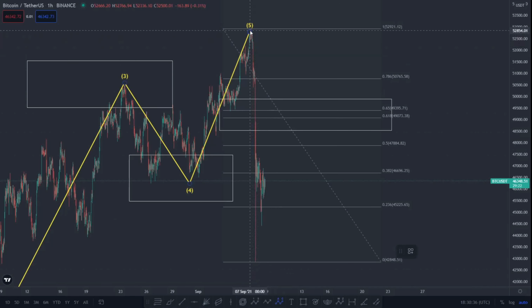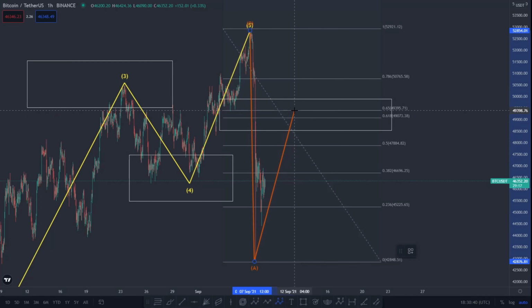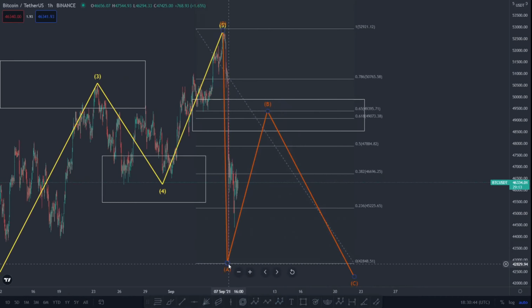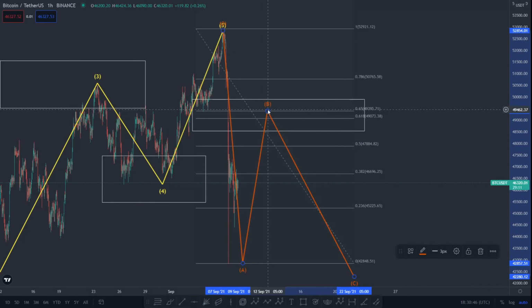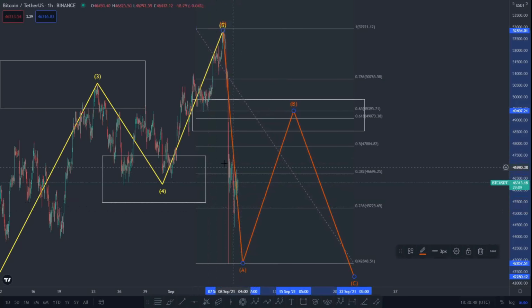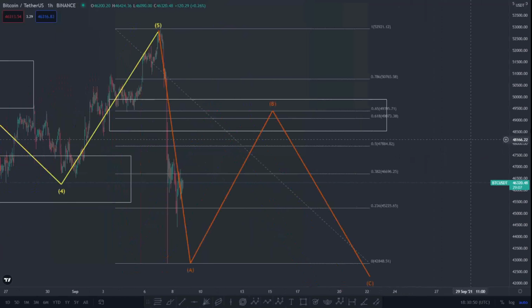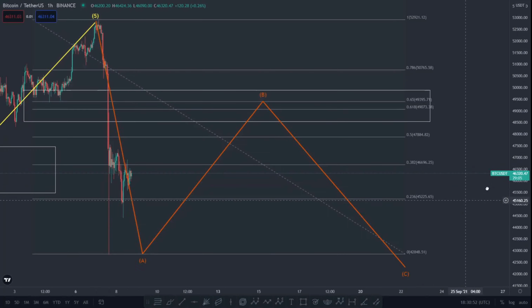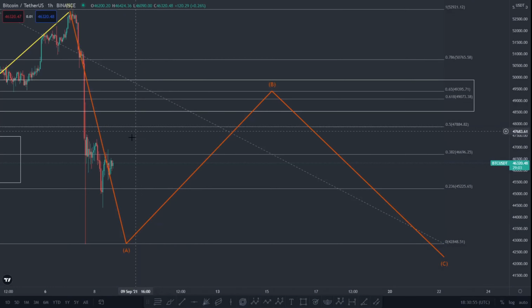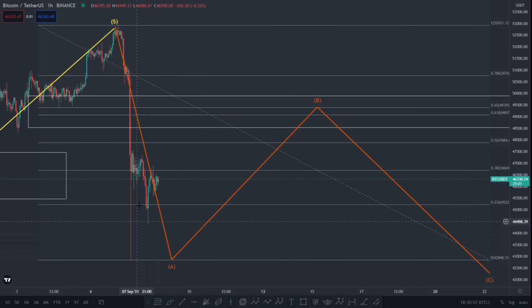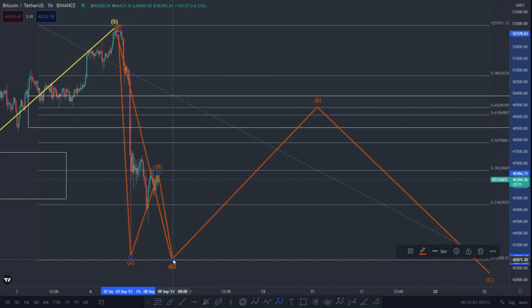We can expect move down, move up, move down, back down. So let's assume this wave is not done. Yeah, the wave A is not done. Because as you can see, it went back up. So there are waves within waves, right? Like this.